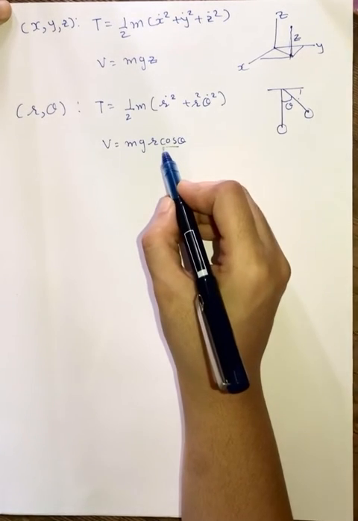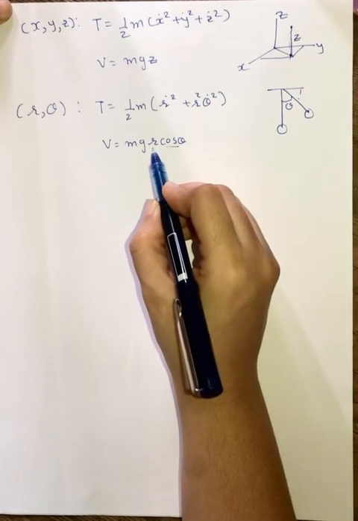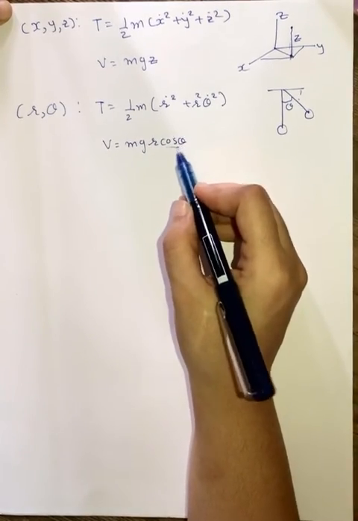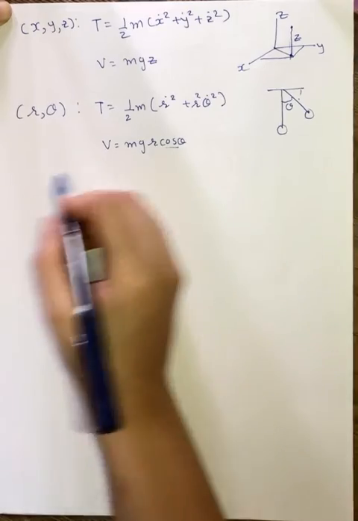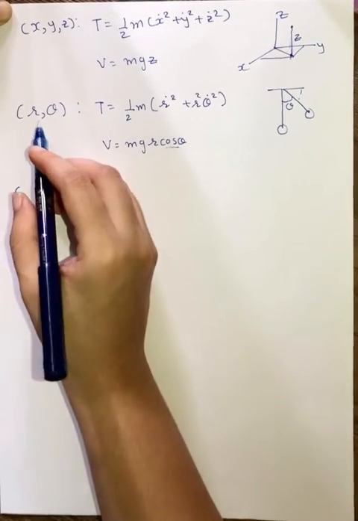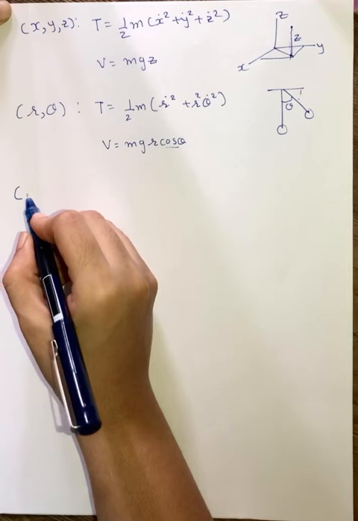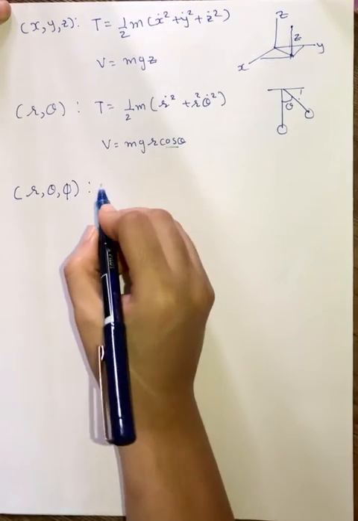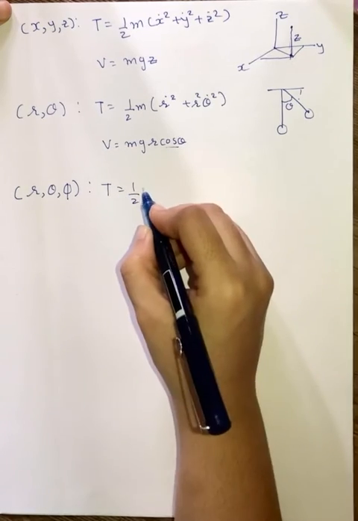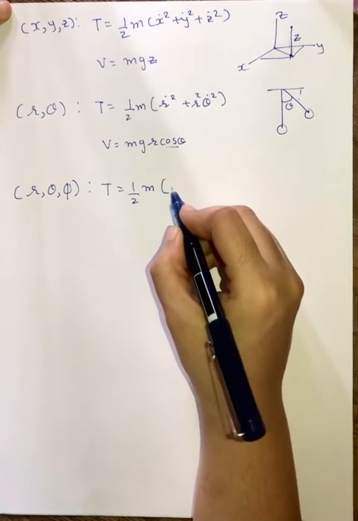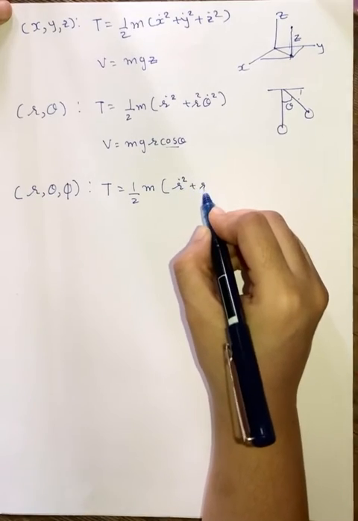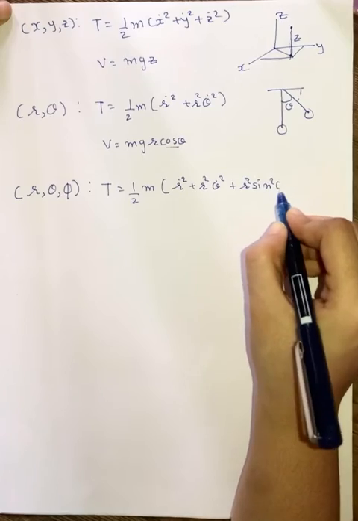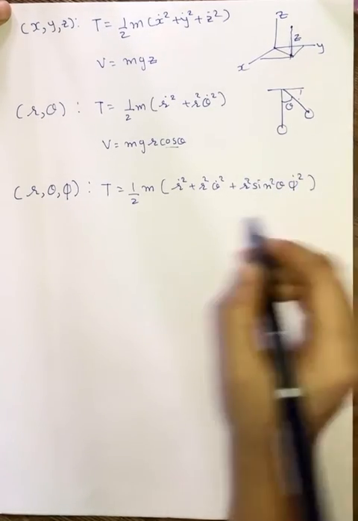So again the structure will remain the same, we just have to make some correction as per the problem, but this is a general structure. Then we have the spherical polar coordinate system, and the kinetic energy will look like half m (r dot square plus r square theta dot square plus r square sine square theta phi dot square).